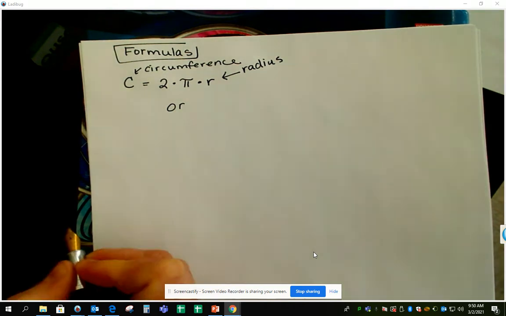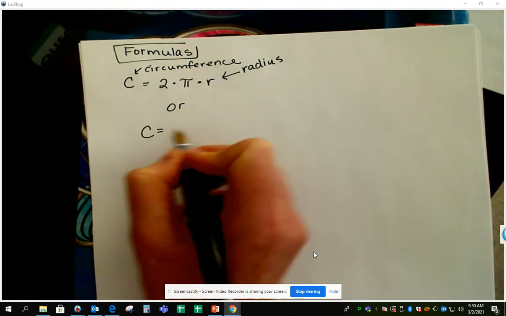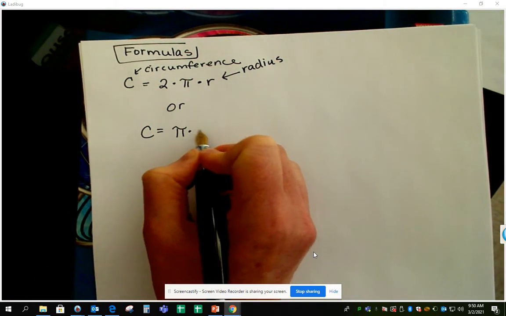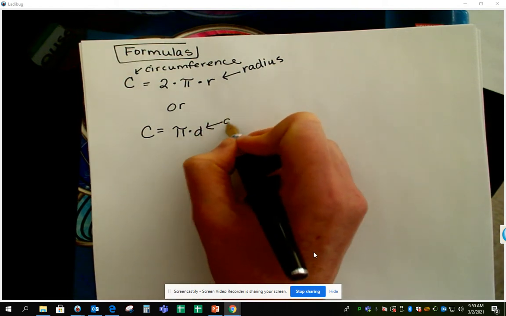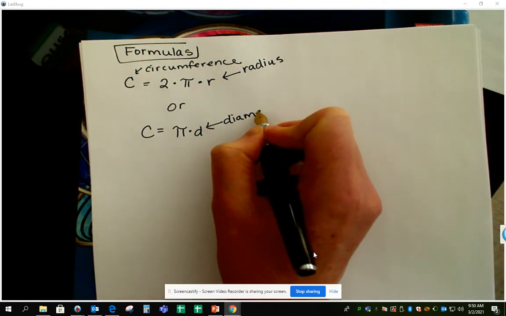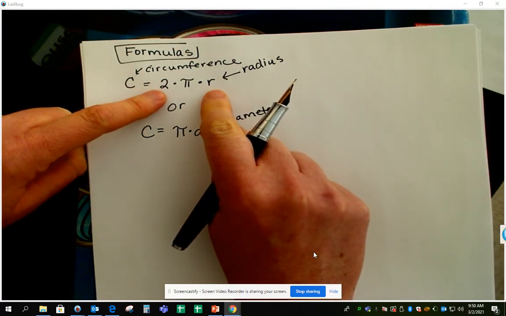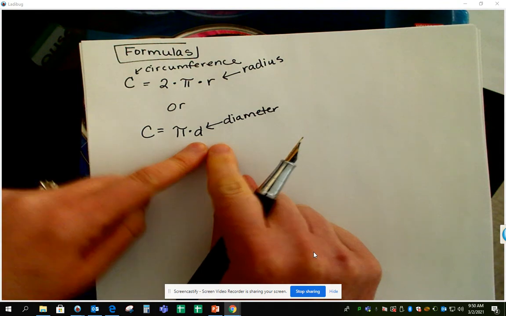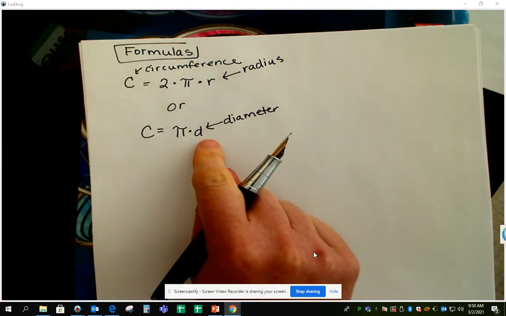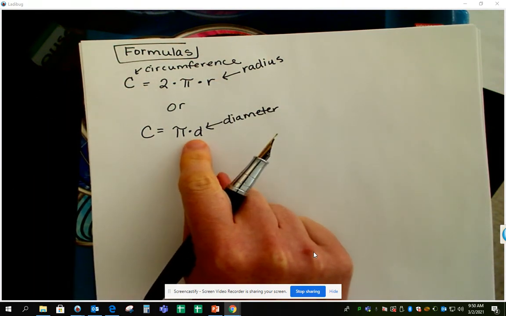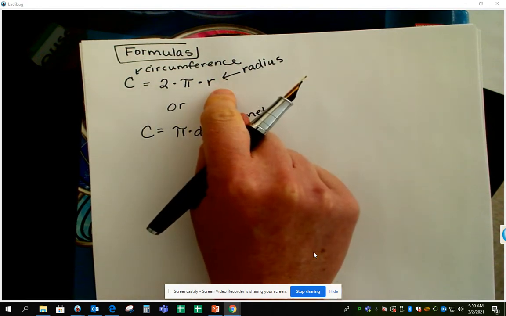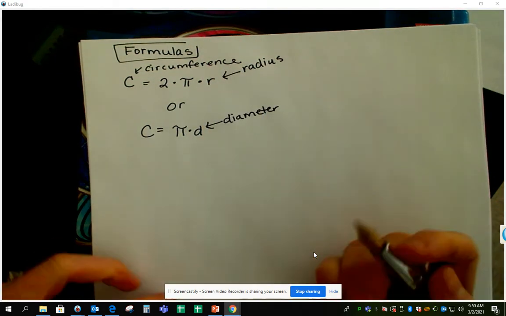Or you could think of it as C equals pi times diameter. Because remember, a radius is half the diameter. So if I multiply a radius times 2, I get a diameter. So these mean the same thing. If you happen to be given the diameter, this can be a quicker route. If you're given the radius, this is a quick route. You can use them interchangeably.